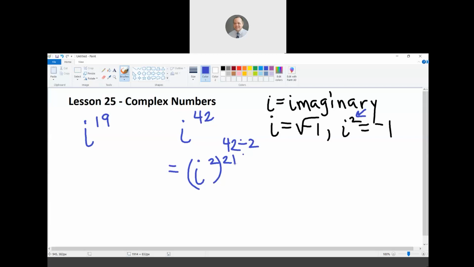Now, i squared we know is -1. No calculator is necessary here because you know if you raise a negative number to an odd power, it's still a negative number. So our final answer here is actually -1.